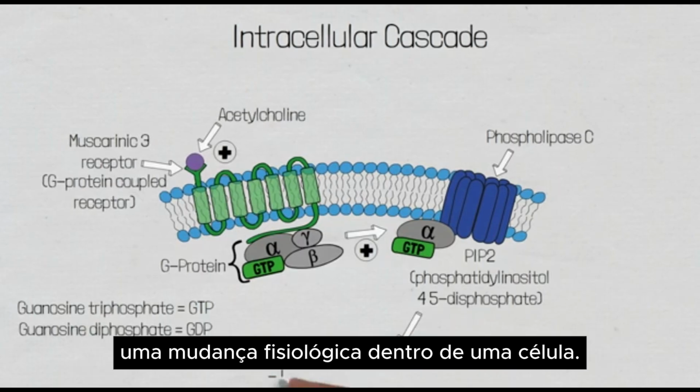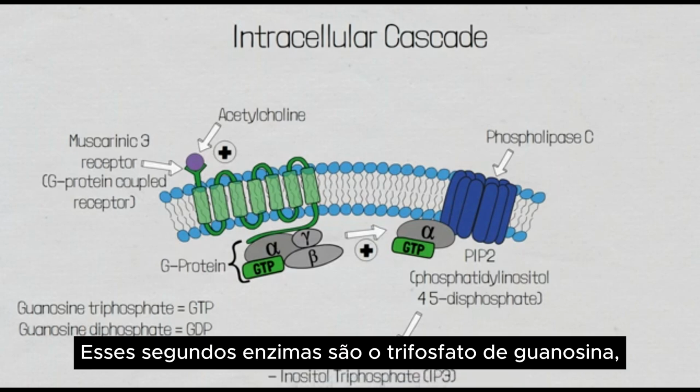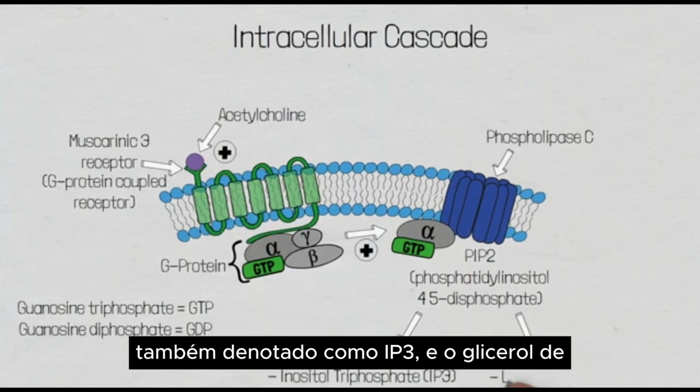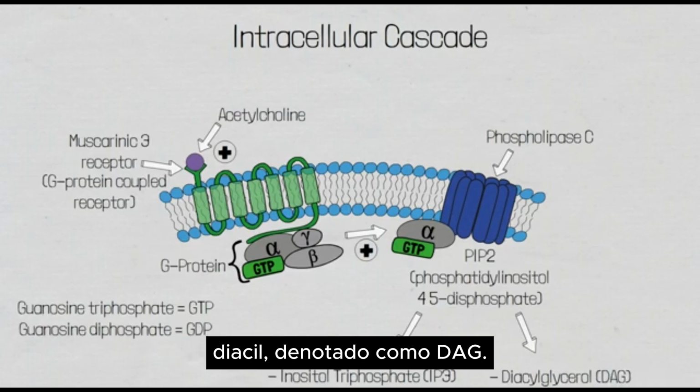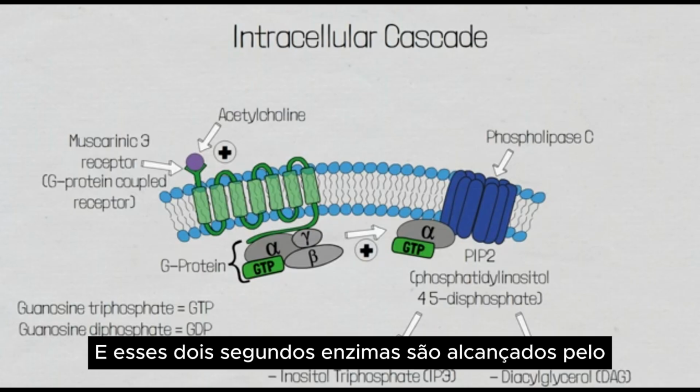These second messengers are inositol triphosphate, also denoted as IP3, and diacylglycerol, denoted as DAG. And these 2 second messengers are achieved by the cleavage of inositol phospholipids.